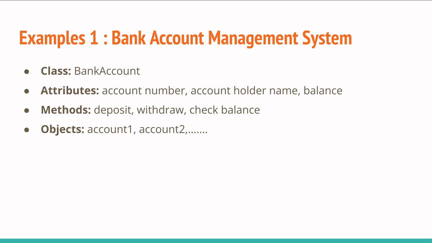A method is actually a behavior of the class. What we do, deposit. An attribute is actually information. In Java, we simply use the word attributes as data members, and methods as member functions, right? So this is one example.